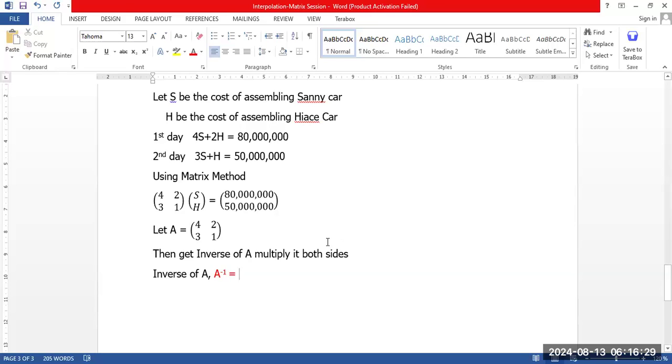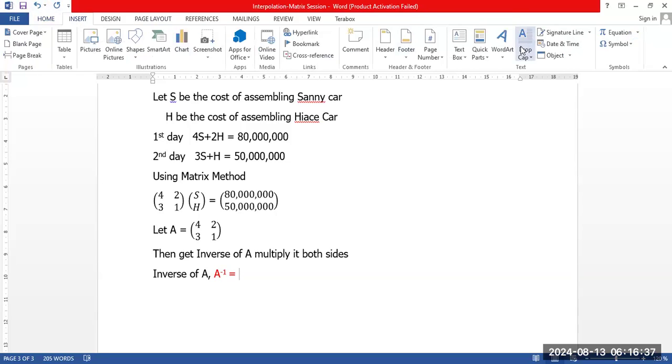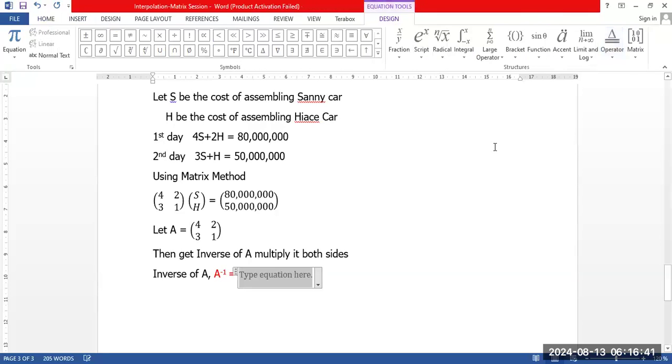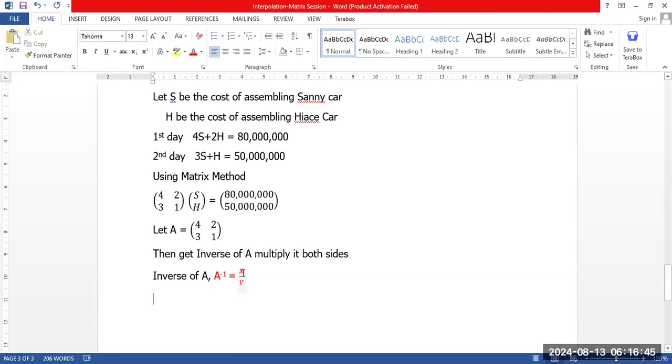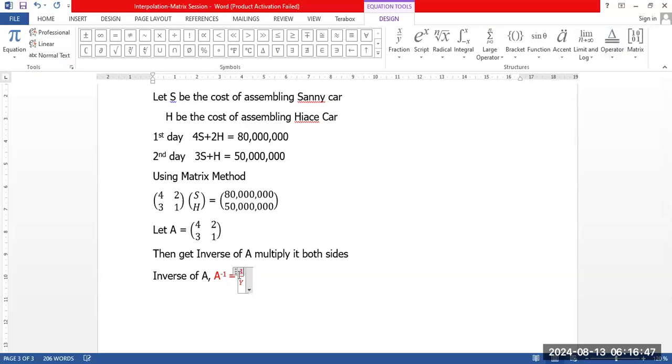Inverse of A is equal to 1 over the determinant of A.